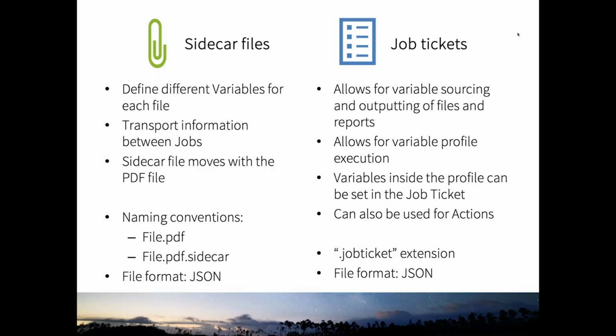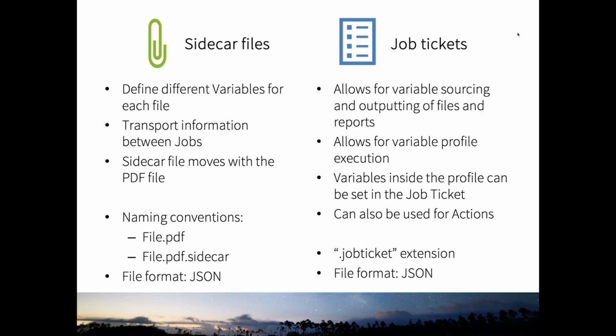So instead of processing PDF files, you process Sidecar files and PDF files. And that means that the Sidecar file is then processed together with the PDF file by pdfToolbox server, and that Sidecar file can be used to define variables.